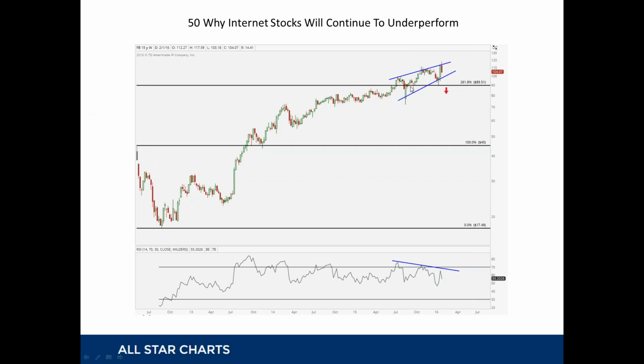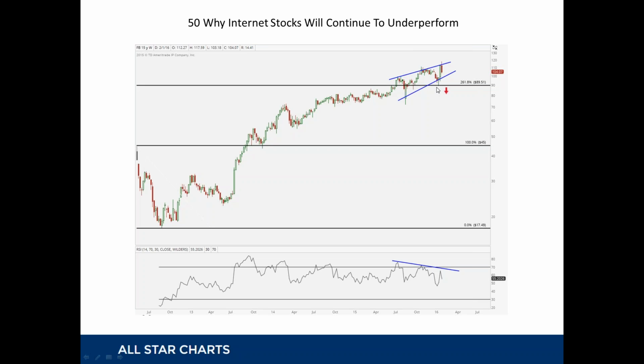So as soon as we achieved that upside objective, we've been consolidating those gains in a rising wedge pattern. When we see consolidations of tremendous upside, which we obviously have here, we want to see that consolidation counter trend or at least sideways. When we see it in the direction of the underlying trend, oftentimes that means that a reversal is taking place. So how to take advantage of this moving forward?